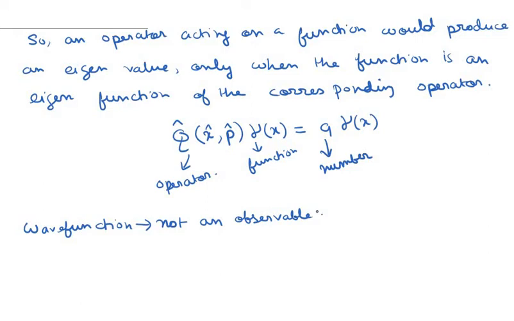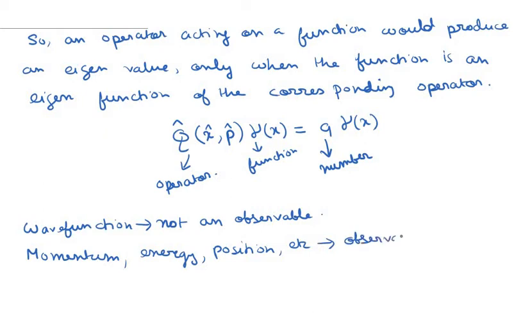What we can measure is either the probability density of the electron to occupy a certain position, or the momentum, or the energy. So momentum, energy, position, etc. are basically observables.